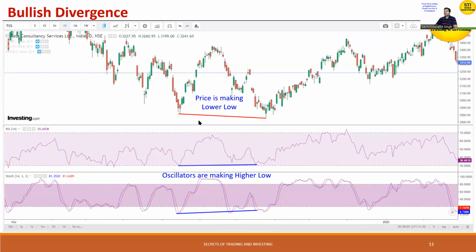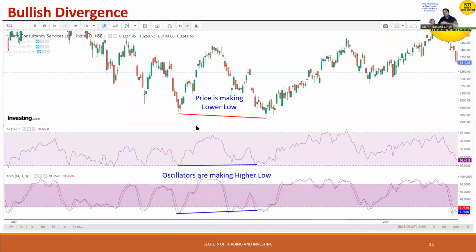Why it is called a divergence is because they are drifting apart. If you look at the first point and the second point, the price slants down to the right-hand side. And when you look at the RSI and stochastic, the slope is reversed. So when they are plotted on the chart, they go apart in the backward direction.